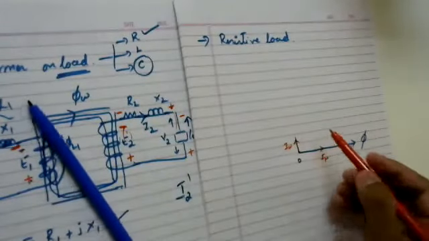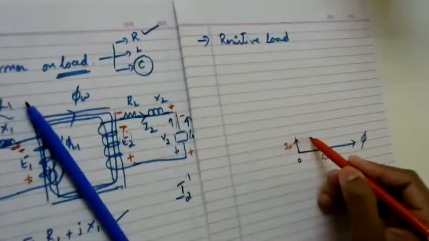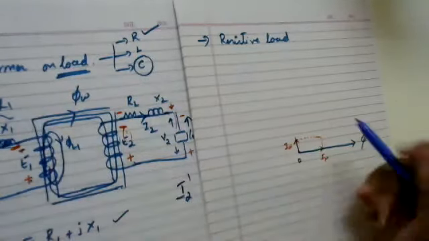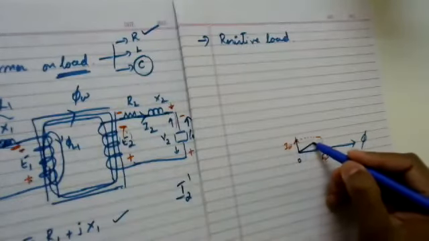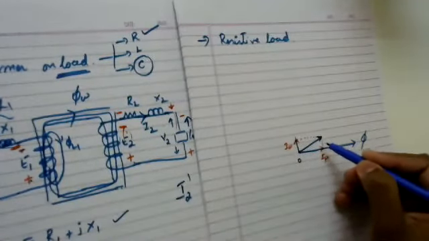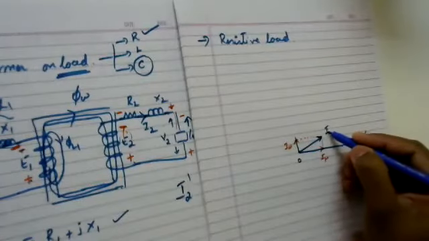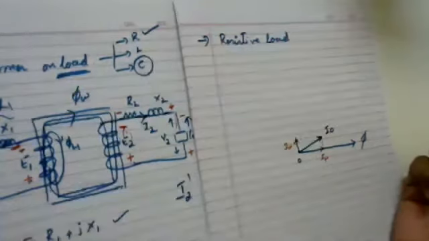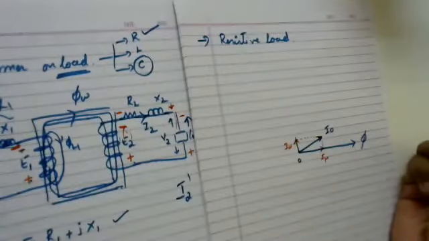If I take the resultant of these two vectors, then this gives me my no load current I naught.